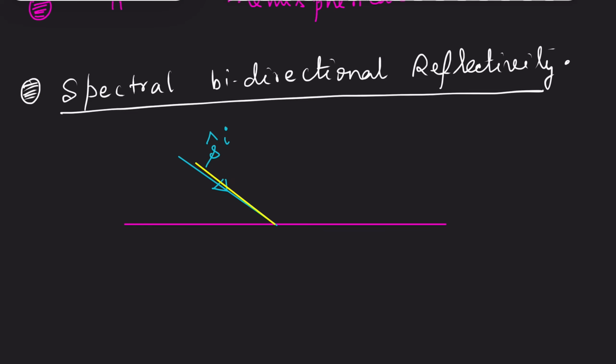It can get reflected in the same direction also, in this direction also, any direction. So I will denote this direction as S cap small r.